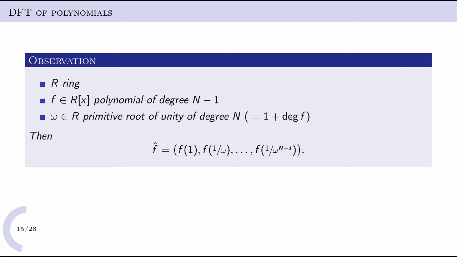So the Fourier transform of f is just f at 1, f at 1 over omega, f at 1 over omega squared, and so on. Let me show you the proof of this fact. By the very definition, f hat, the discrete Fourier transform, is the sequence f0 hat up to fn minus 1 hat.